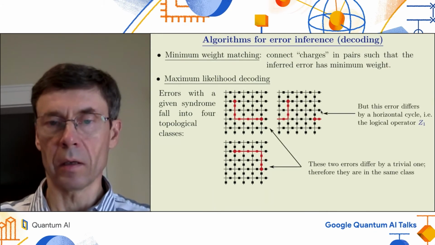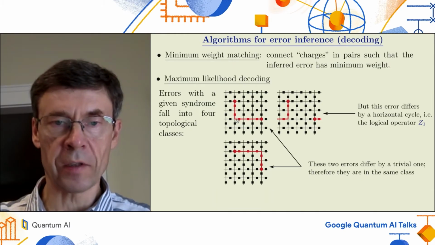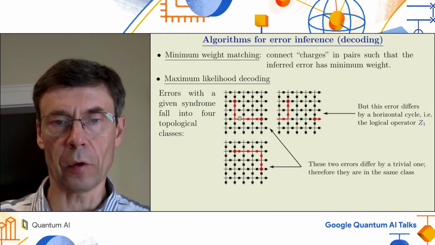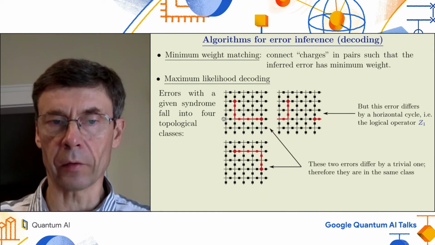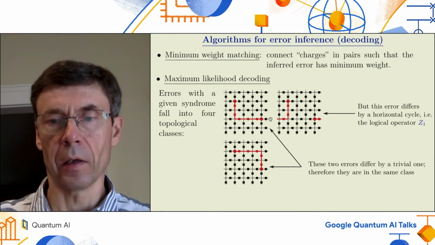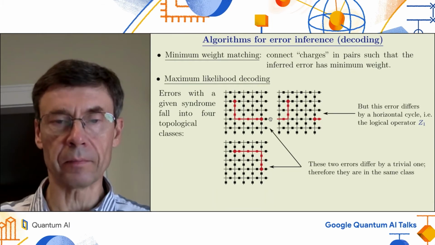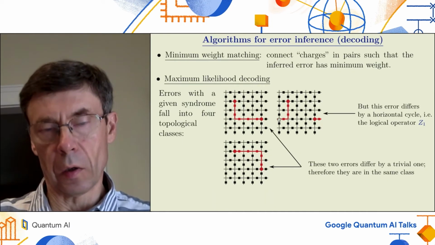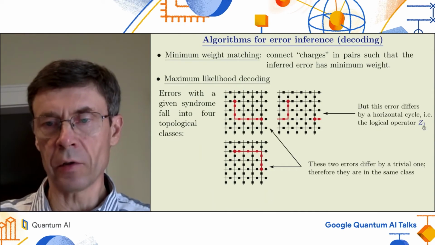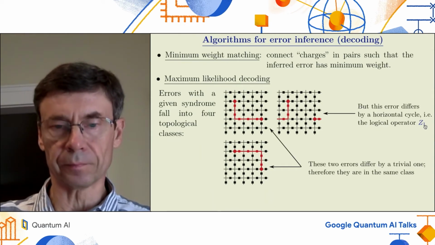This pattern is in a different class. If we superimpose the picture on the left and the picture on the right, we'll get a line that runs from the left to the right around the torus. And this line is a logical operator Z1.